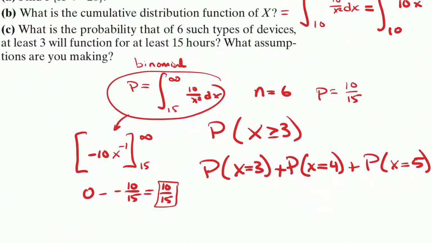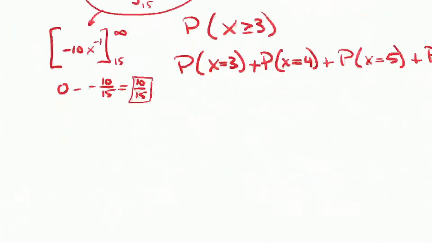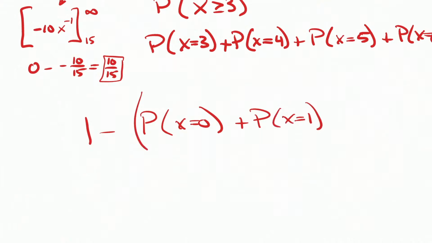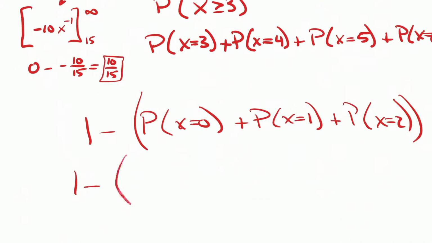So if you knew that there's a 2/3 chance that your device will last at least 15 hours, and you have 6 of these devices, and you were asked what's the probability at least 3 of them will function at least 15 hours, then you can put it all together in a binomial probability. I'll do 1 minus the probability that x equals 0 plus the probability that x equals 1 plus the probability that x equals 2.